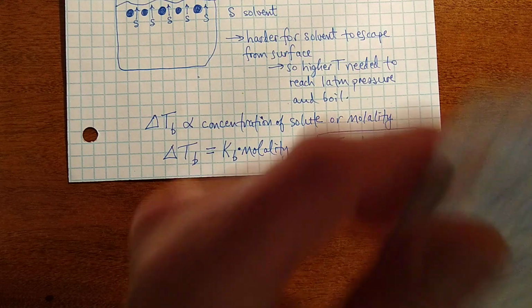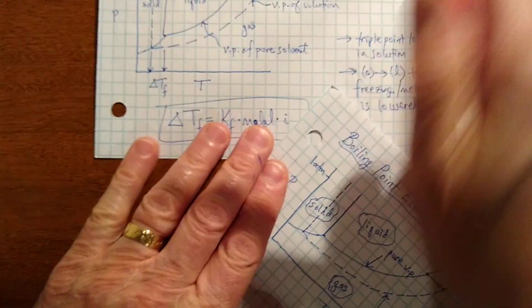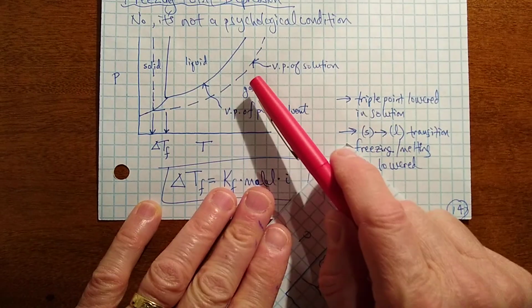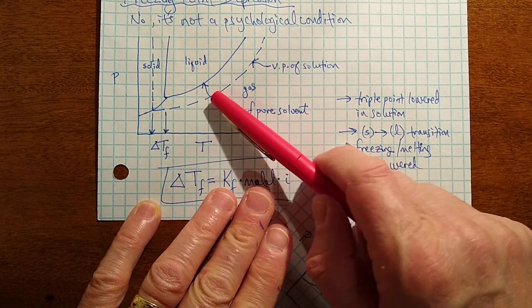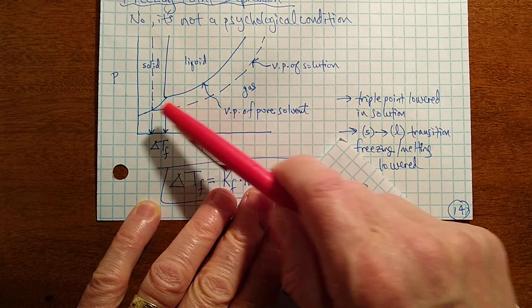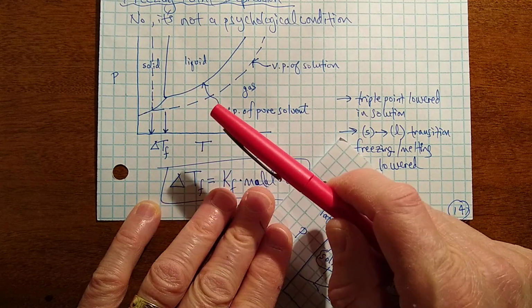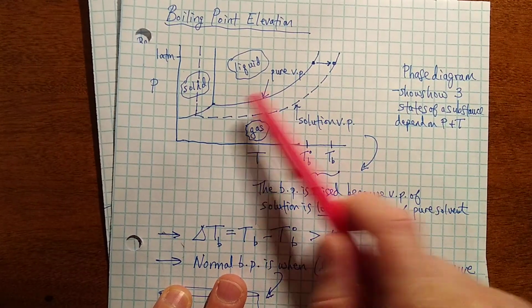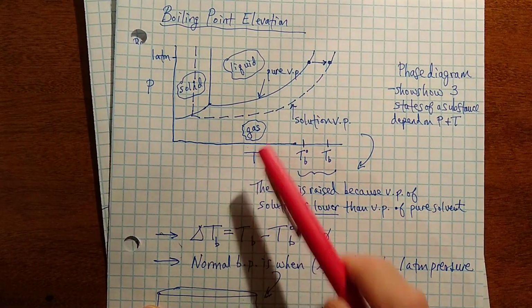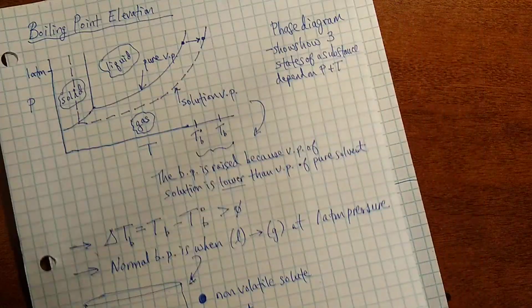The freezing point depression works in the same way. If you lower the vapor pressure of a solution, this dotted line here, it's now lower, you're going to alter the temperatures at which solid becomes liquid or liquid becomes gas. So again, I'm not expecting you to know how to read a phase diagram at this point. I'm just showing you where it comes from.